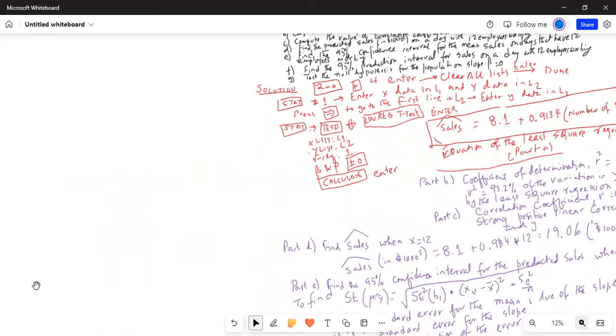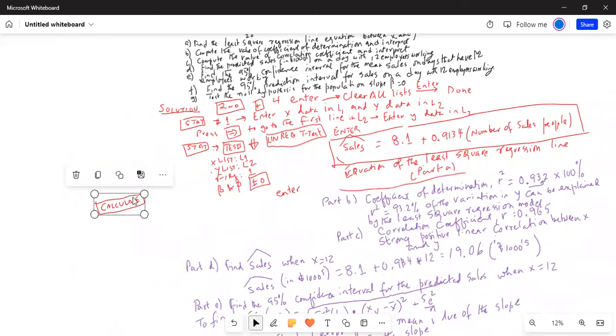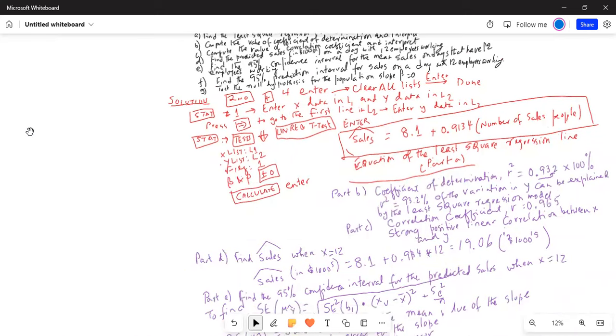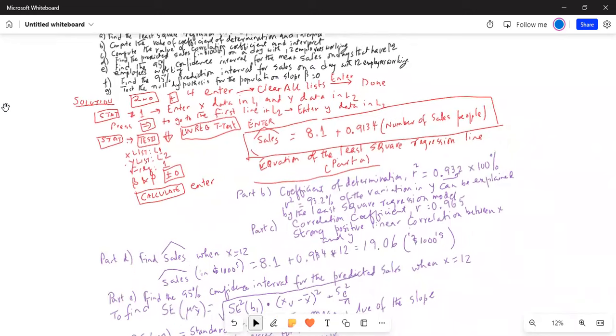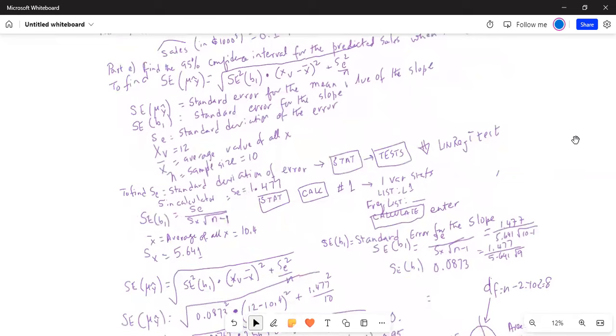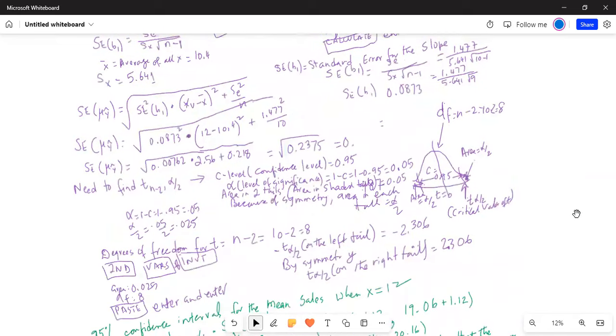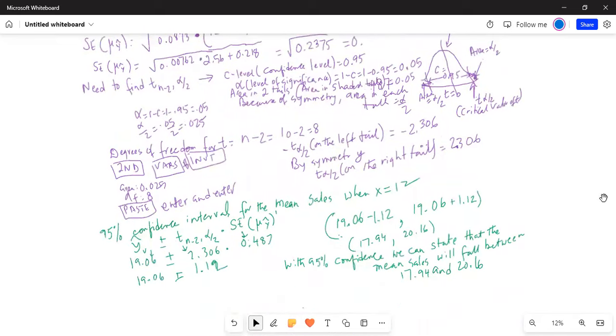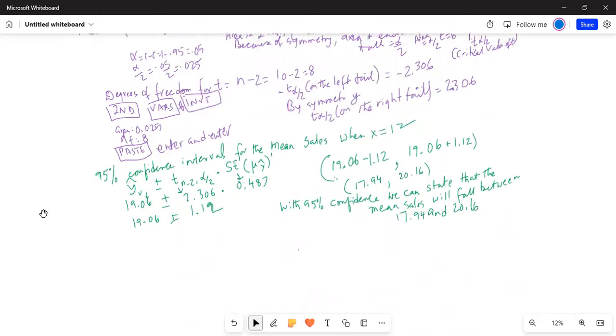I'll move this a little bit to this side, and then move up. So we did the 95% confidence interval for the mean sales. Next part, I'll go back maybe to the black ink.